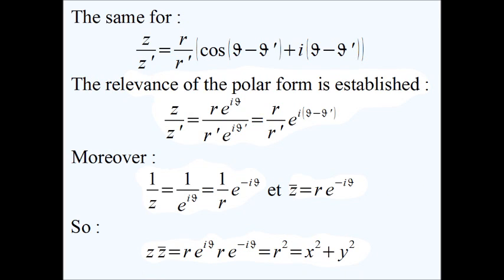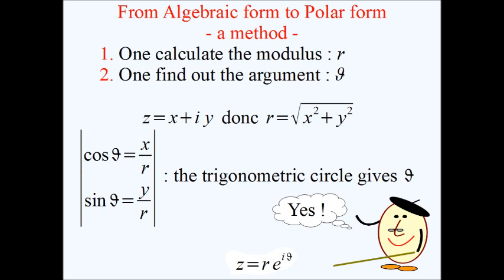And the same for the division, where we subtract the arguments. And you see also the reciprocal of a non-zero number. And we find again that the product of z by z bar is the square of the modulus.